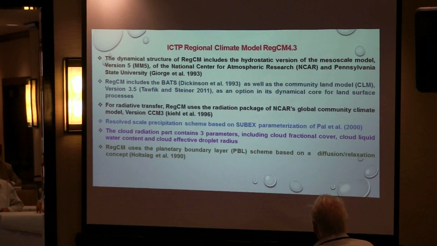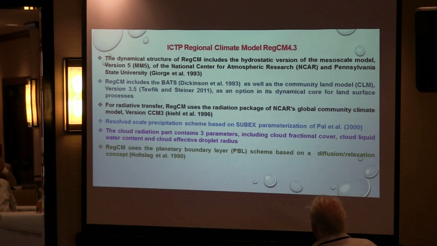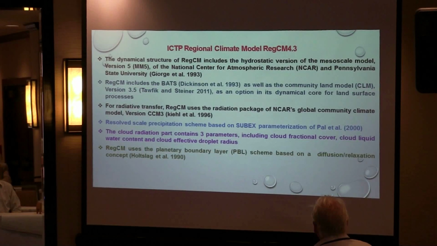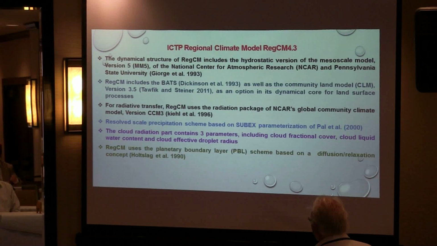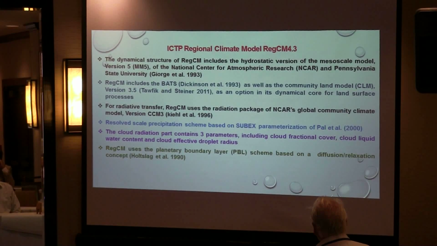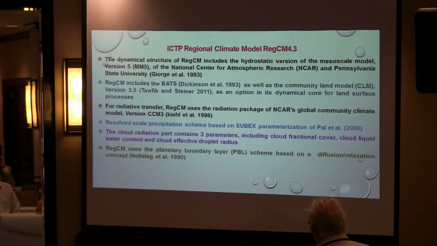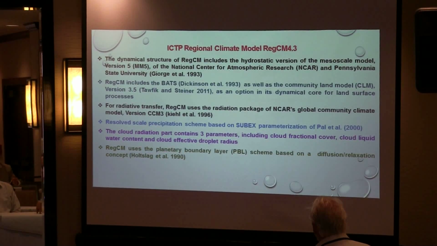Some important features of the regional climate model: it has a dynamic structure based on the hydrostatic version of the Mesoscale Model version 5 of the National Center for Atmospheric Research and Pennsylvania State University. It has two types of land surface schemes. One is the Biosphere Atmosphere Transfer Scheme by Dickinson et al., and second is the Community Land Model version 3.5.